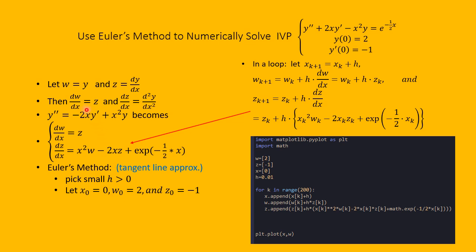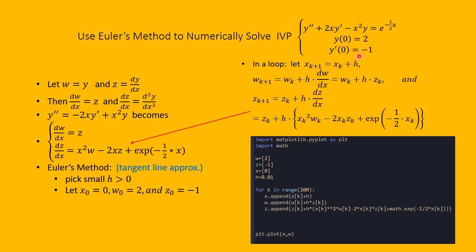W naught, well, w is y, and so basically y naught, which is w naught, is going to be 2. Z naught equals minus 1. Z is the derivative of y with respect to x, and so z naught is going to be the derivative of y with respect to x evaluated at 0, and it's minus 1. That corresponds to y prime of 0 equals minus 1.